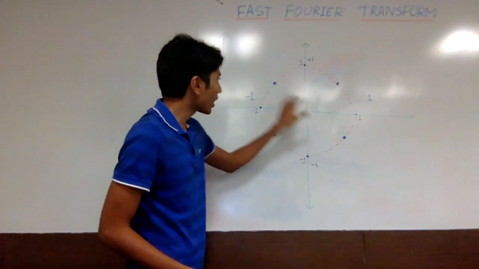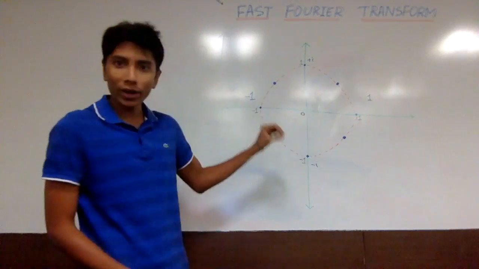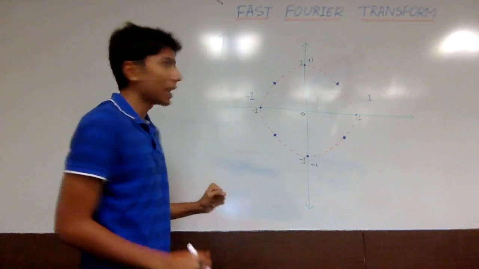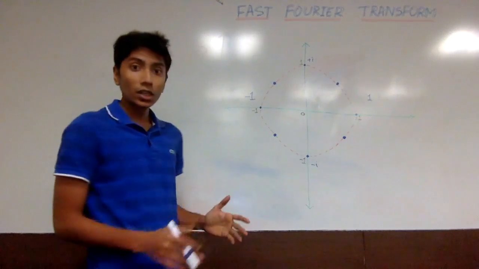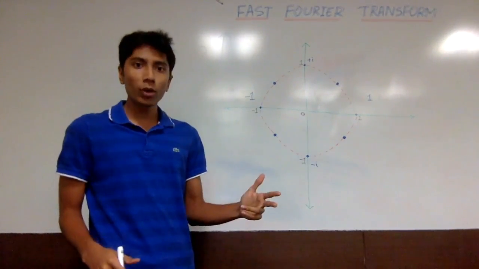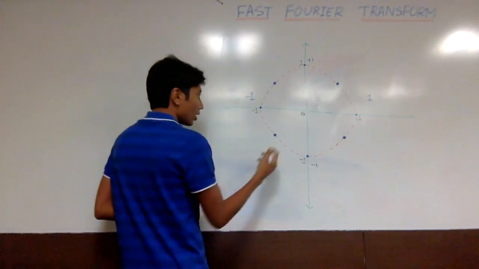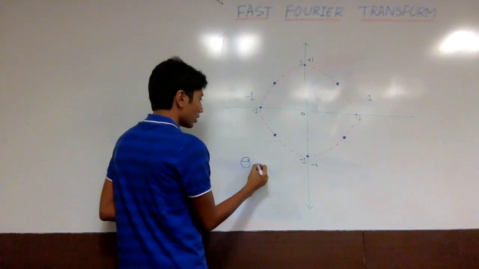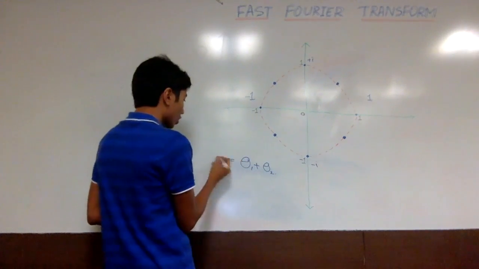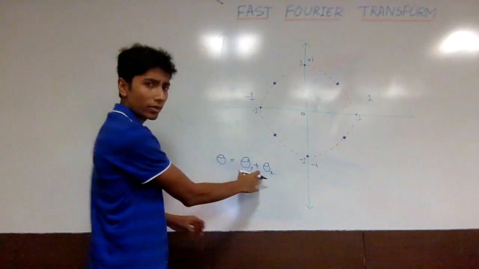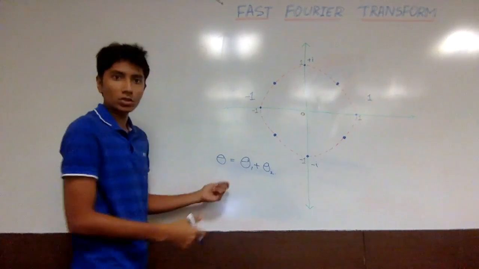And you see there are other points also that I've drawn. But any point on this unit circle will have magnitude 1. And you can get that point using two other points from this circle. So like we said, if those two points have theta 1 and theta 2, and your result should be theta, then you can choose theta 1 and theta 2 appropriately and get this point.